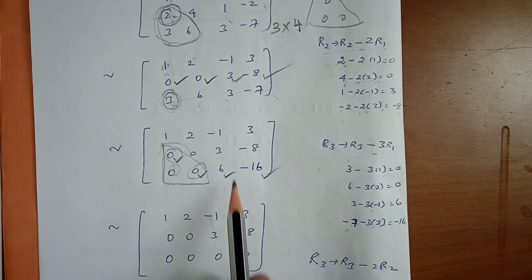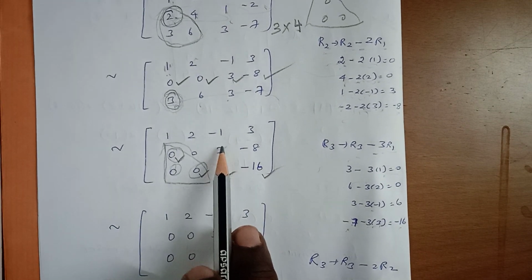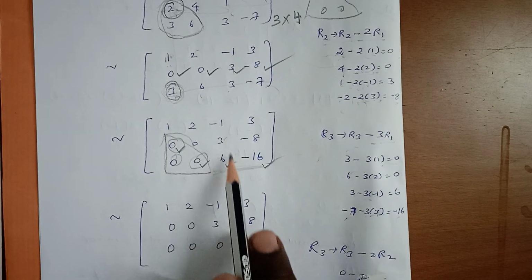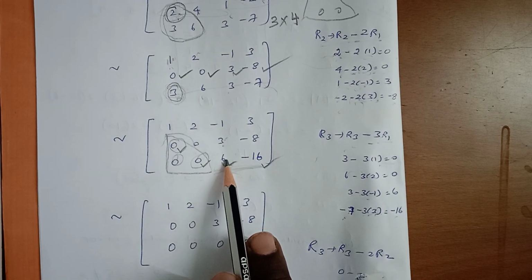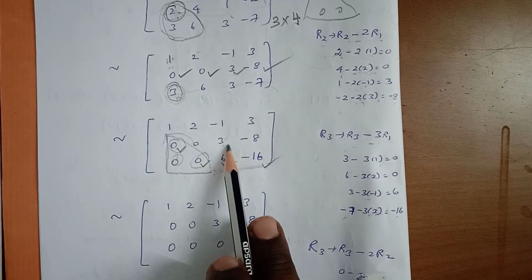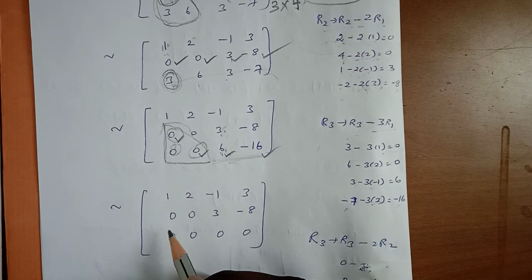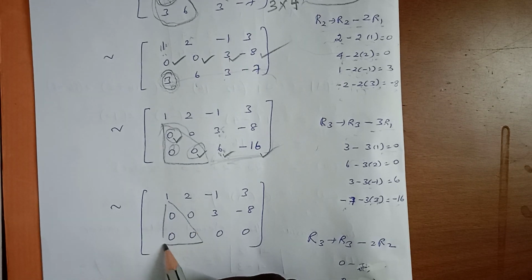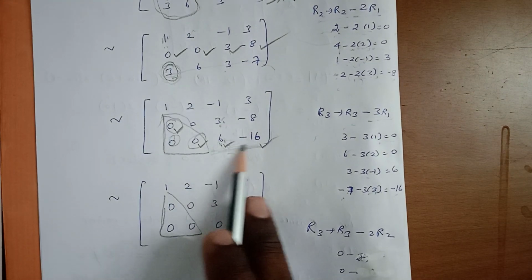Suppose comparing the third row and second row, is it possible to eliminate some values? So we try to make this one 0. Suppose R3 tends to R3 minus 2R2, automatically this term becomes 0. Already these three terms are 0. The answer is complete, but we have to reduce these two terms.